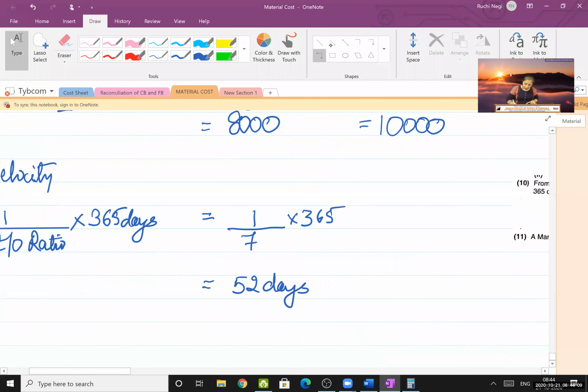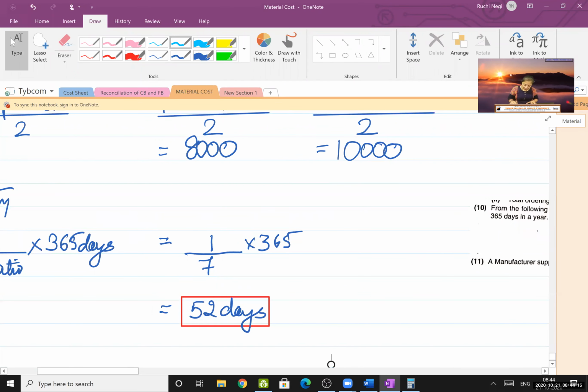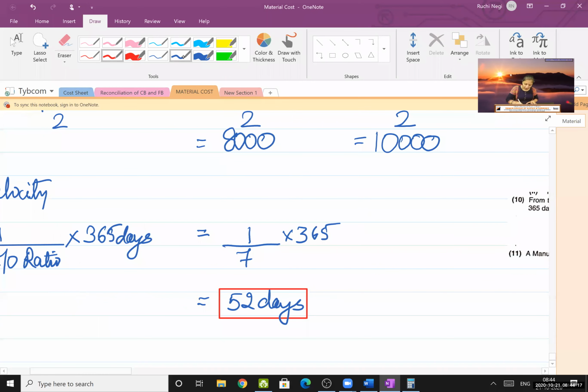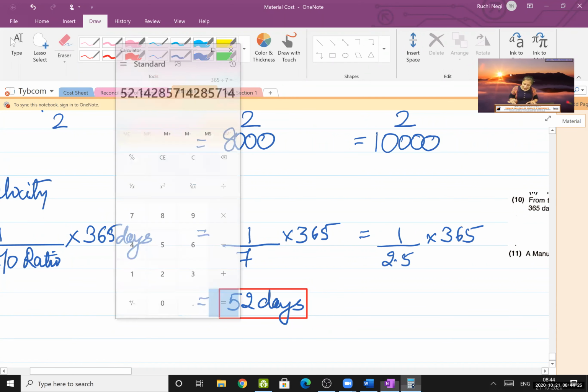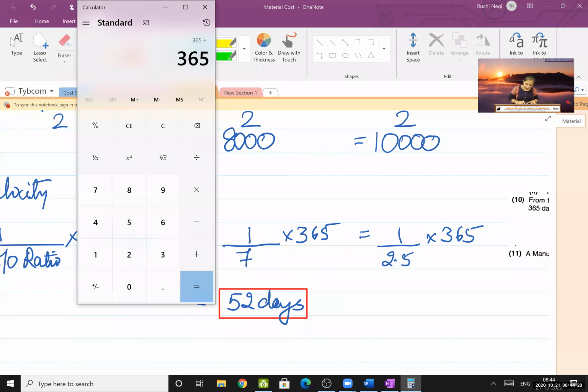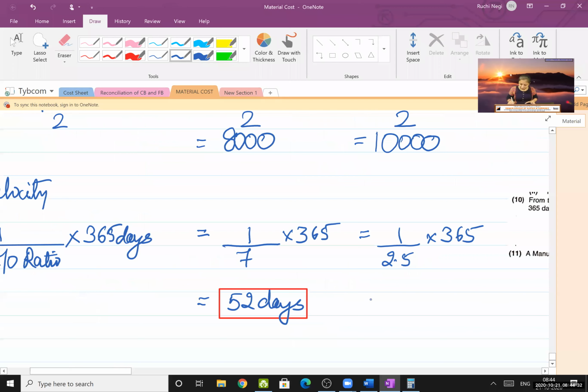Okay, what's your final answer? Next, 1 upon 2.5 times into 365. Solve this. 365 divided by 2.5 is 146 days.